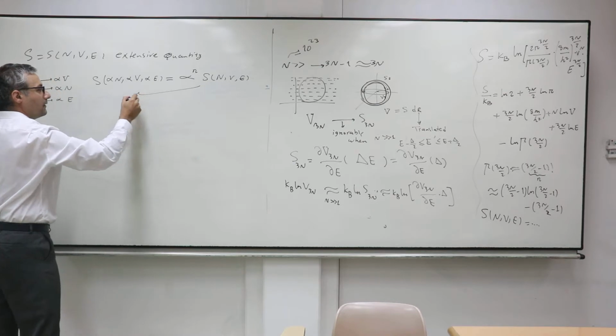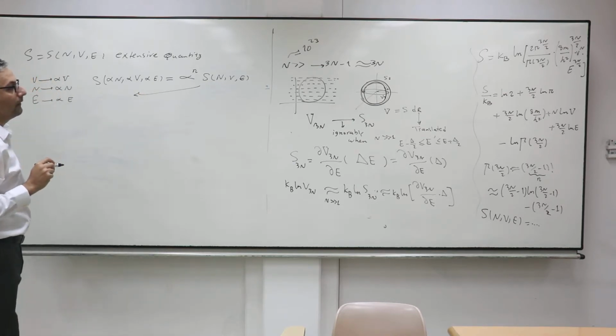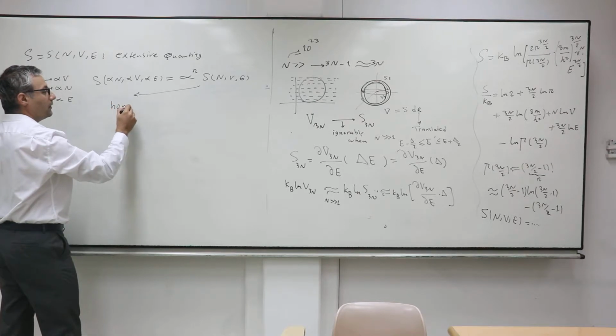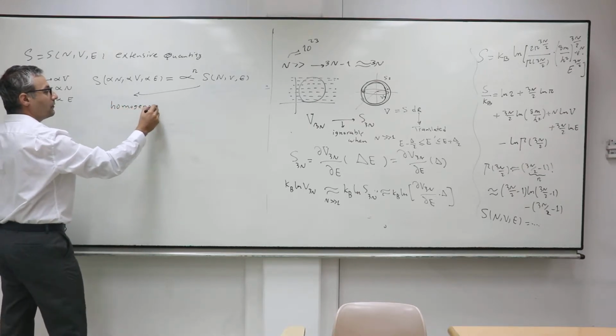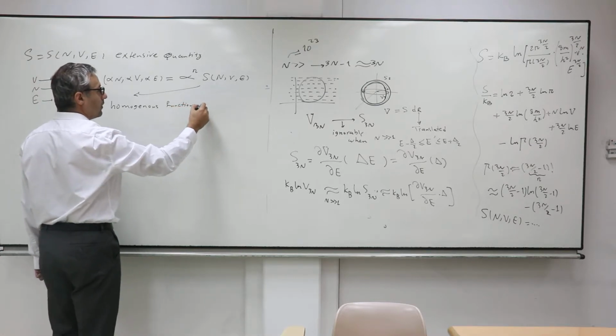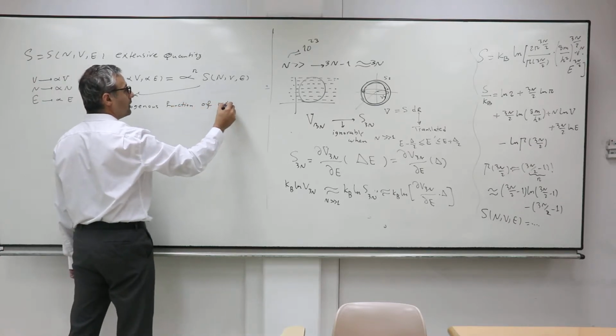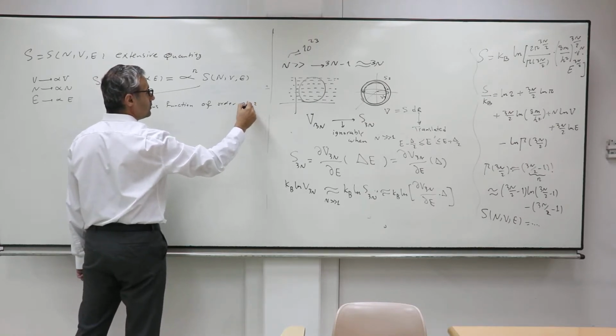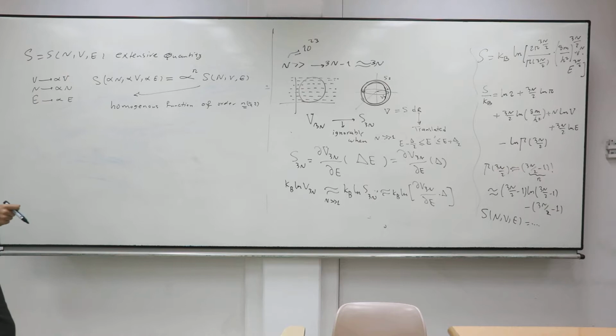In mathematical language, we call it that S should be a homogeneous function, homogeneous function of order n. We don't know what n is, so normally n is 2 or even 1.